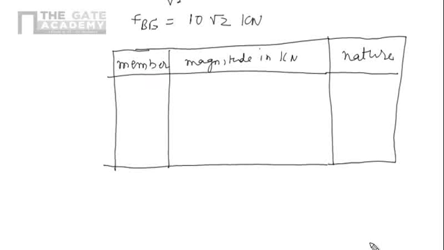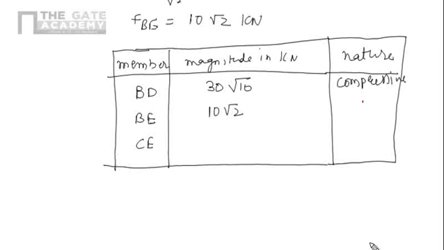We are interested in the force in BD, BE and CE. For BD, the magnitude is 30 root 10, and it is negative, so it is compressive. Similarly, for BE, we get 10 root 2 kilonewton, and the sign is positive, so it is tensile. For CE, we got 80 kilonewton, the sign is positive, so it is tensile.